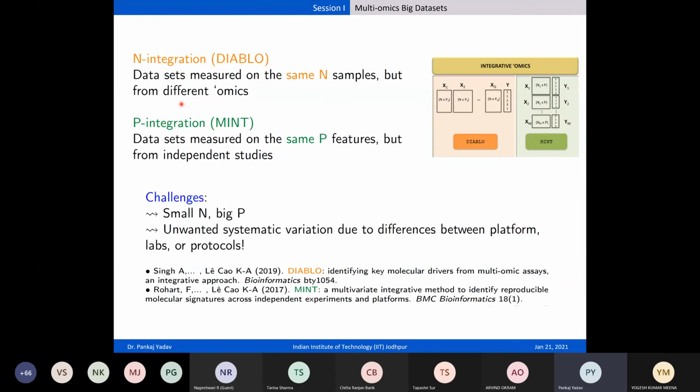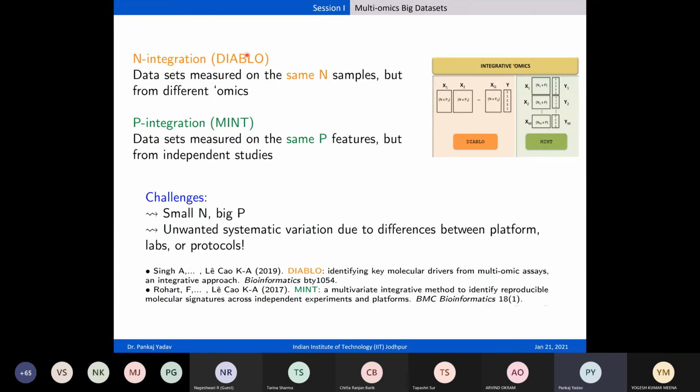So the same cohort, you have multimodality data on the same samples: transcriptomics, proteomics, and genomics, and all are available from the same cohort, which is really rare from my experience. Getting such data in practice is very difficult, at least at present.